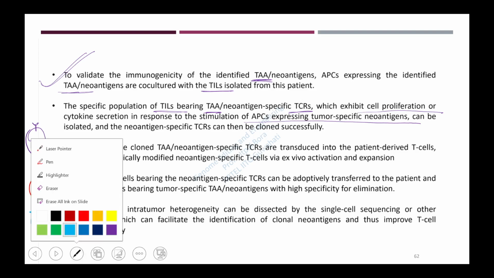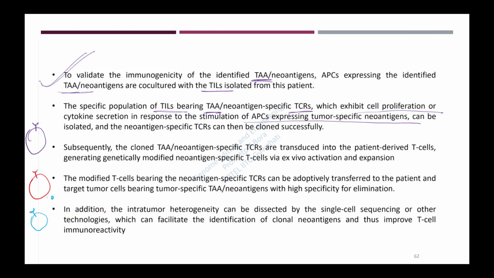So suppose this one is your neoantigen out of certain proteins. This particular one is your neoantigen. So the specific population of TAA or neoantigen specific TCR. So out of these three, this one is the specific TCR for this particular neoantigen, which also exhibits the cell proliferation or the cytokine secretion in response to the stimulation of this antigen presenting cell expressing the tumor specific neoantigen.